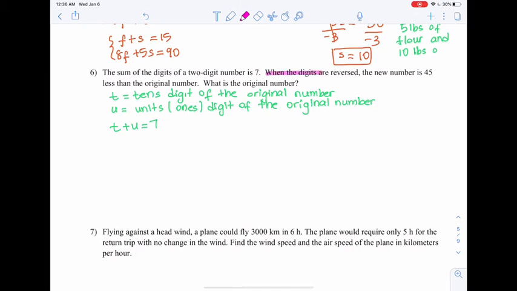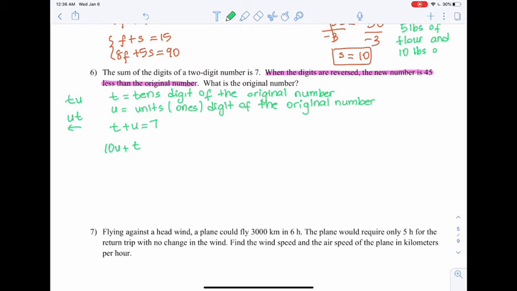Let's use this information to write our second equation. When the digits are reversed, the new number is 45 less than the original number. So here is our reverse version. If our original number is TU, the reverse version will be UT, right? Then we can write 10U plus T using the place value, since T stands for the tens and U stands for the ones.